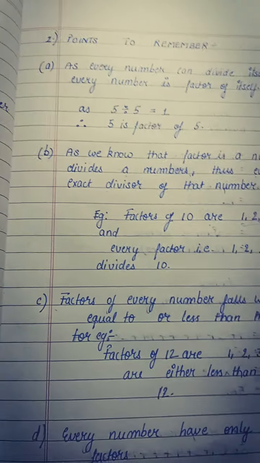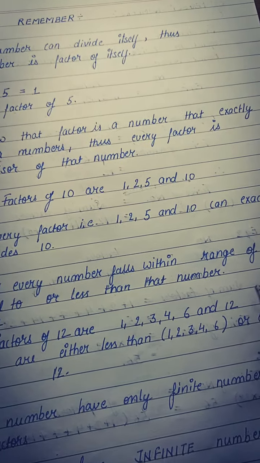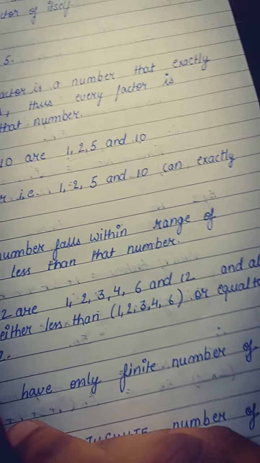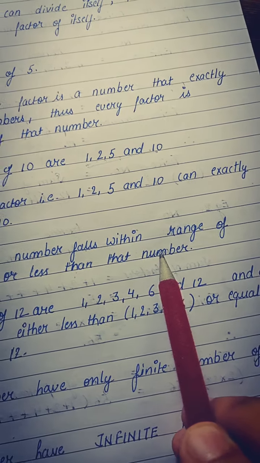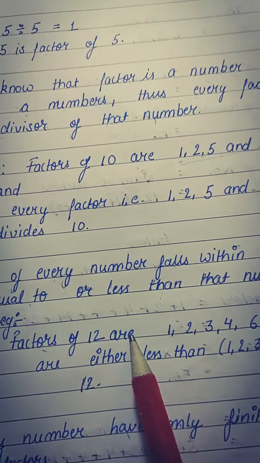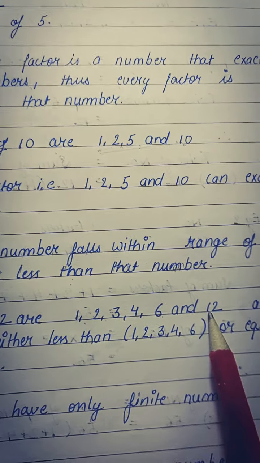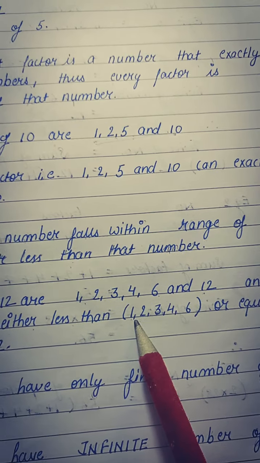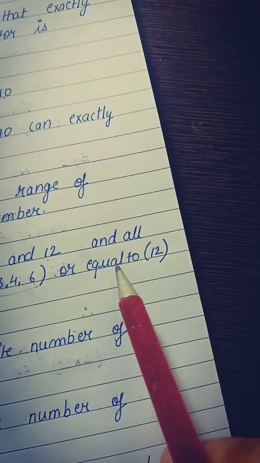Third rule: every factor of a number is either equal to that number or less than the number. For example, the factors of 12 are 1, 2, 3, 4, 6 and 12. You can check that all of these numbers are either less than 12, that is 1, 2, 3, 4 and 6, or equal to 12.